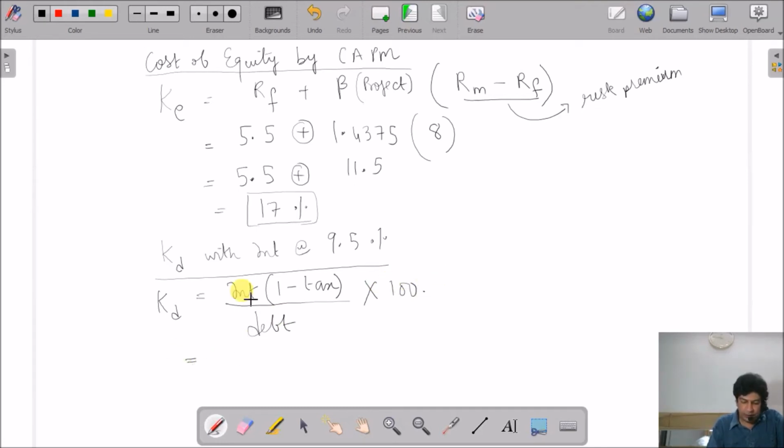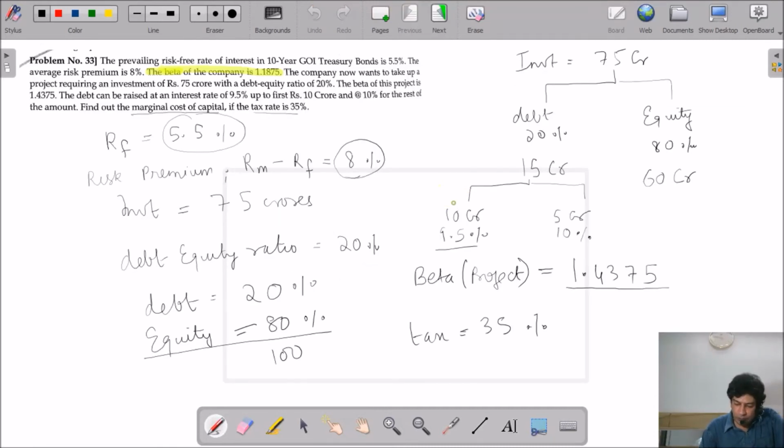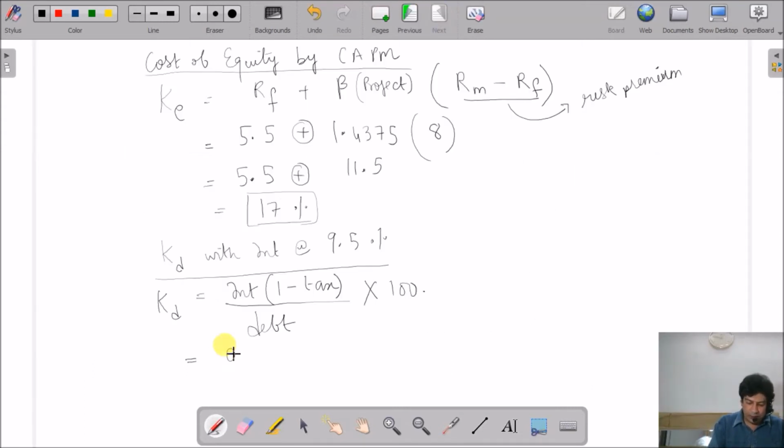So how much interest will I pay on this debt? On 10 crores I am going to pay 9.5%. So 10 into 9.5% is 0.95. So 0.95 crores is the amount of interest I'm going to pay every year, 1 minus the tax rate.